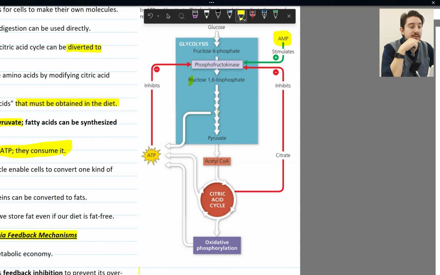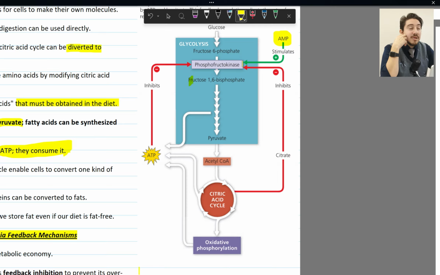Generally, this is occurring. More pyruvate, ATP is being produced, cell respiration is occurring, and so forth. When you have enough ATP, this will come in and block phosphofructokinase.